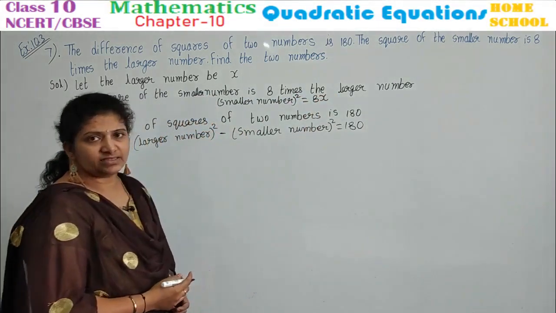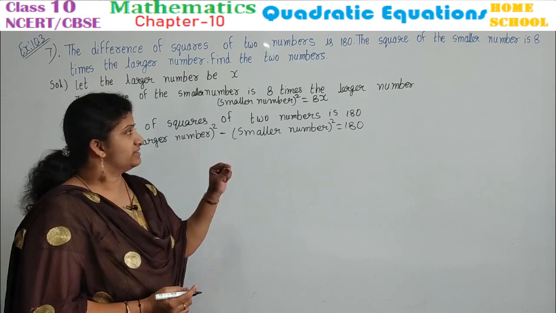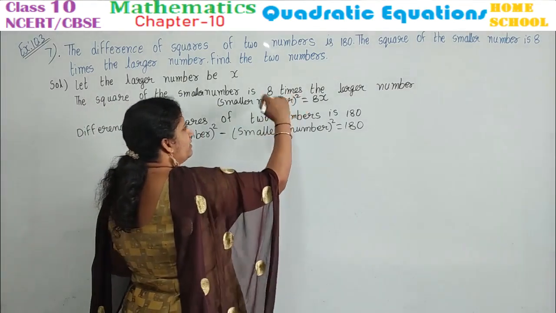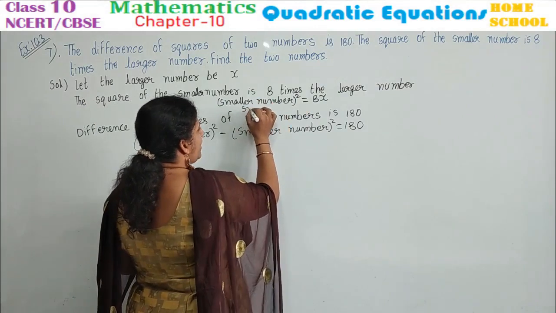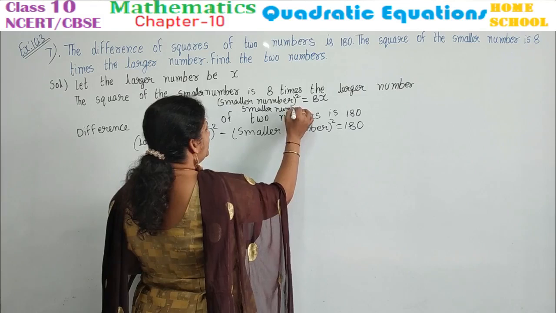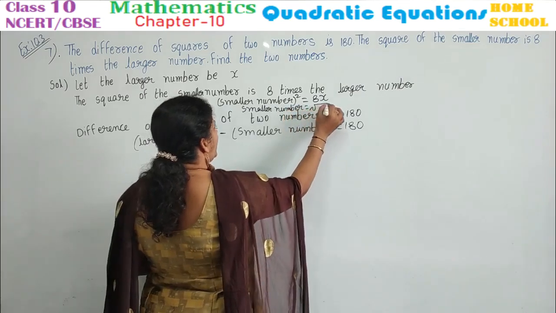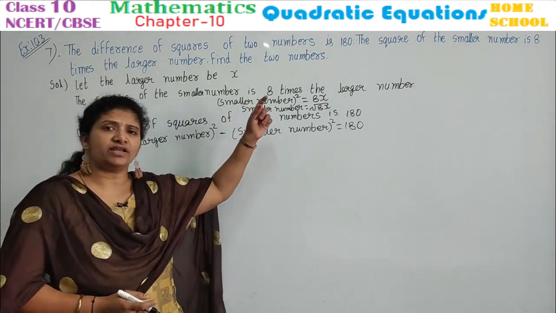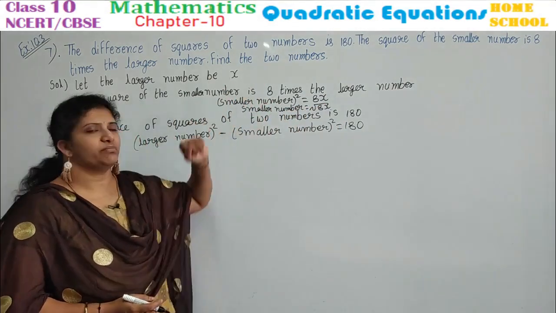Larger number is x, 8 times means 8x. Now what is the smaller number? I don't want the square. Then apply square root on the other side. Smaller number is equal to square root of 8x. Now, smaller number is root 8x, larger number is x.